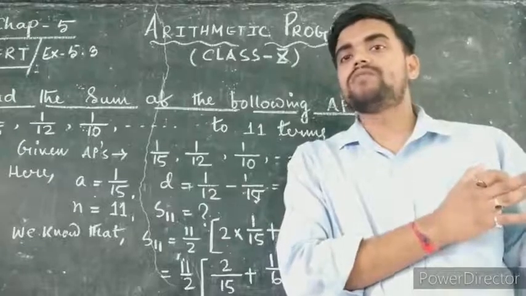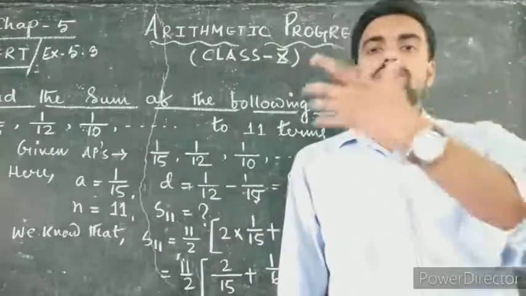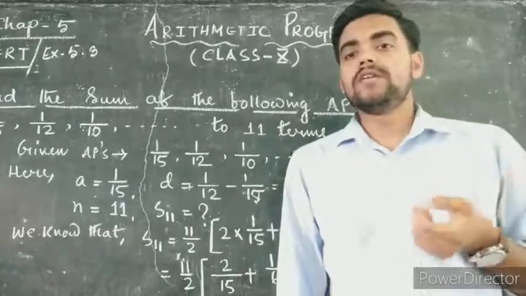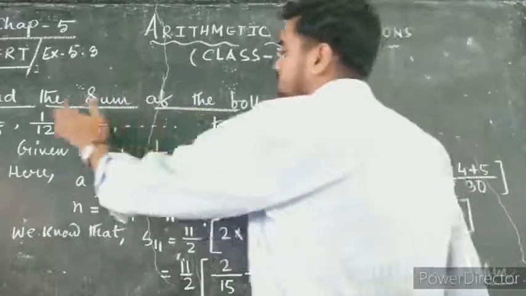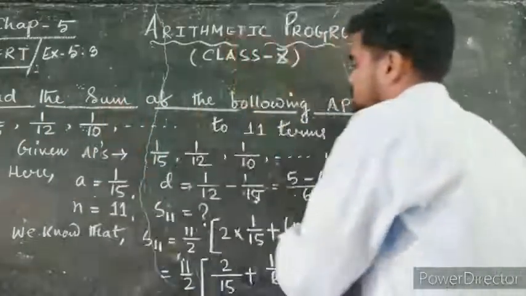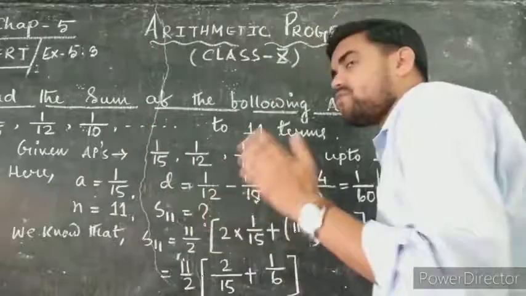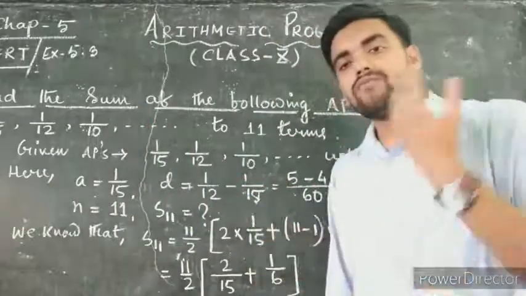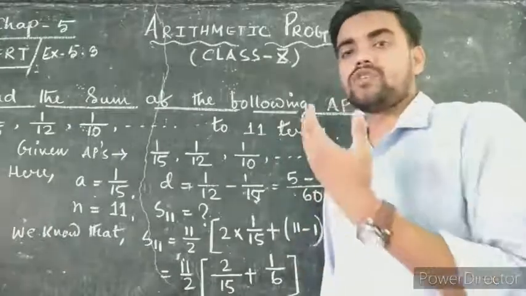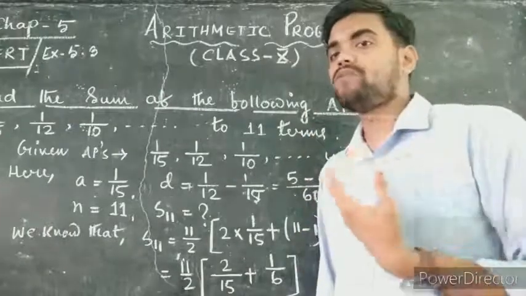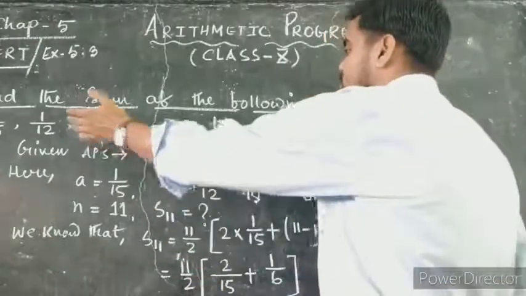Earlier we solved normal number series and found the sum of n terms. But in this case fraction terms are given, and we have to find the sum of this AP series. So don't worry, we use the same formula, the same procedure, the same method, and we can find the sum very easily.